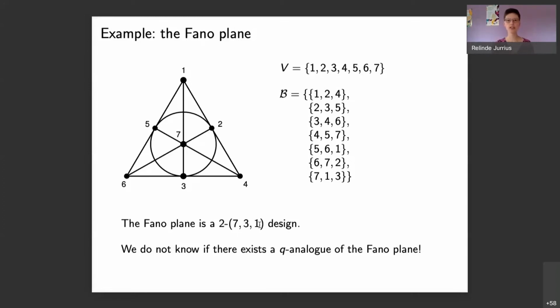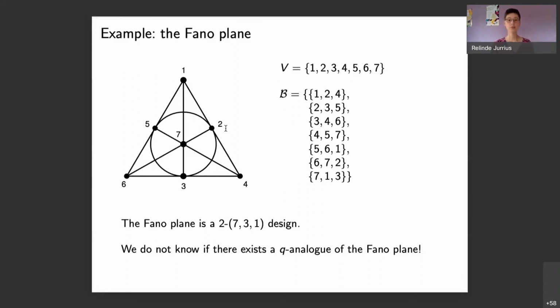Here it just says that every 2 points are on a unique line, which is of course what makes a projective geometry. You can also see it in the picture: if I take any 2 points, like 7 and 2, there's a unique line that has 6 with it, where these 2 points are in.